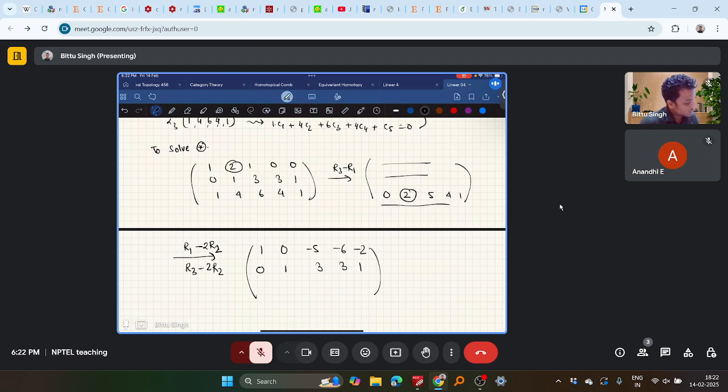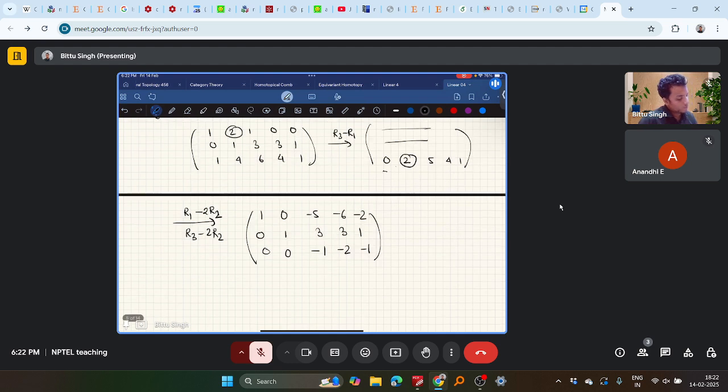And now if we see this row, what can we see? This is the third row minus 2 times the second row. It will give us 0 0, and now 5 minus 6, which is minus 1, and 4 minus 6, which is minus 2, and 1 minus 2, which is minus 1.